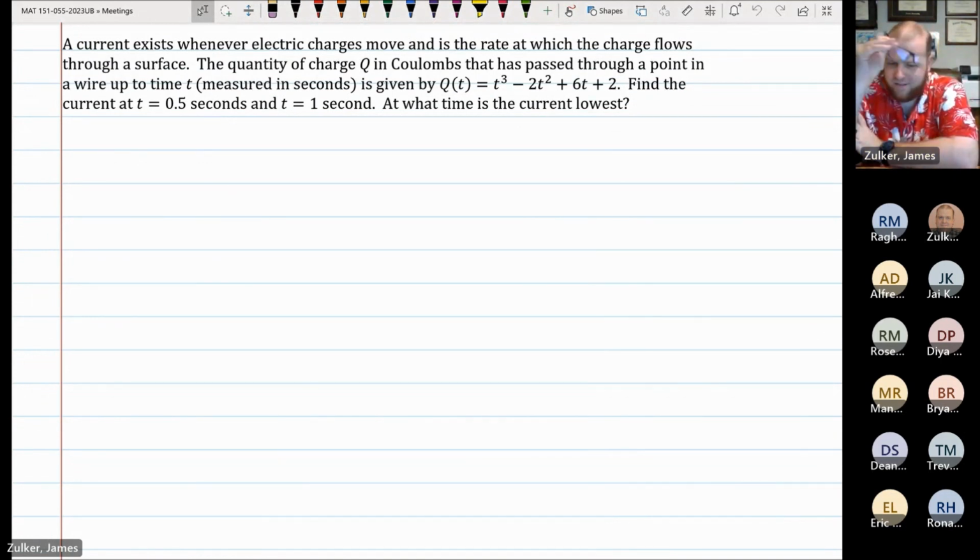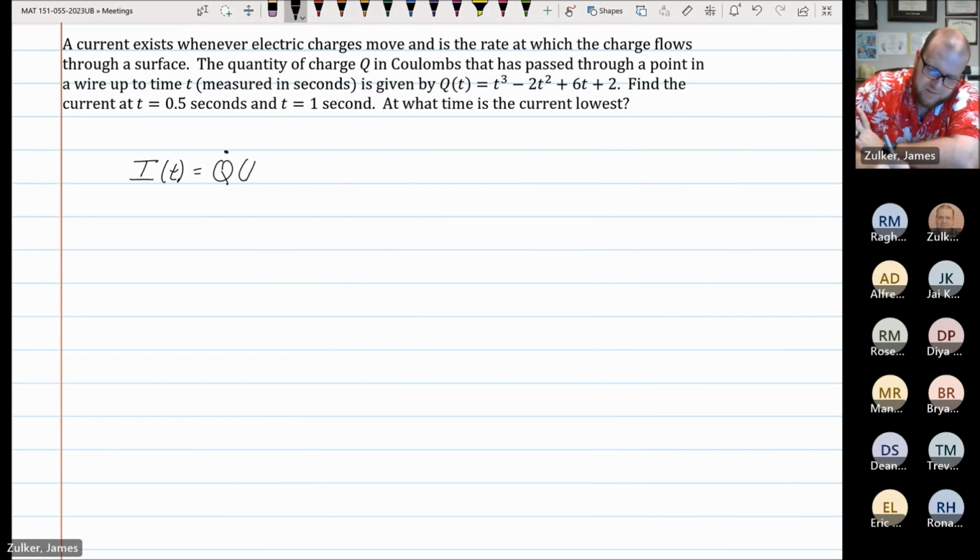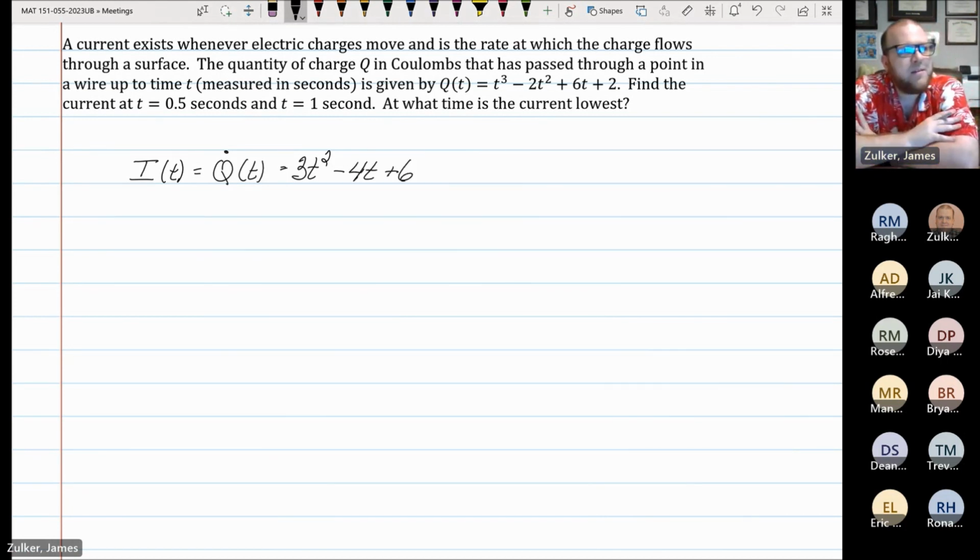Current. It's typically represented with a capital I. And it's the rate of change of charge. So it's Q dot. What are the units?